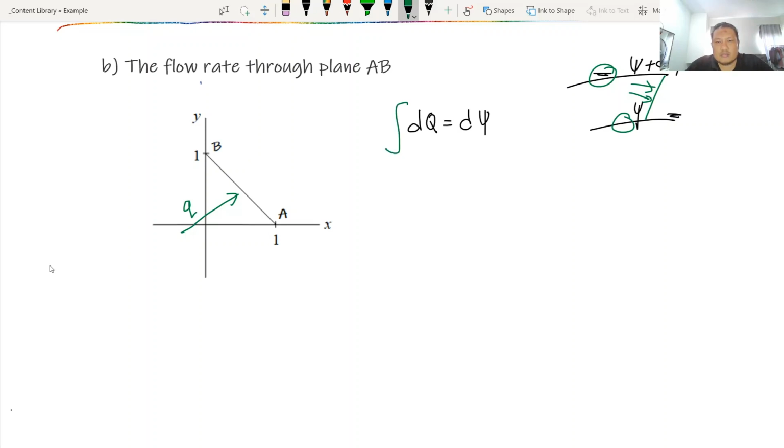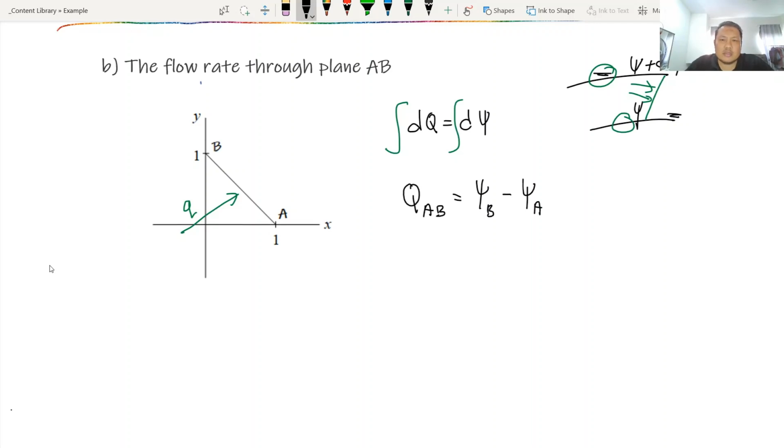If you integrate these, you have q AB equal to psi B minus psi A. This is stated in the note, and you can refer back to it.